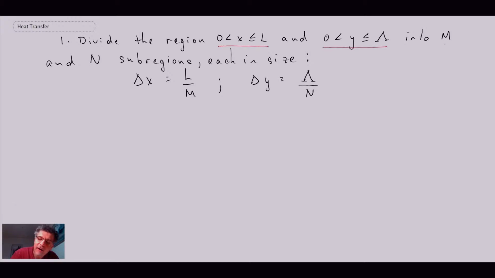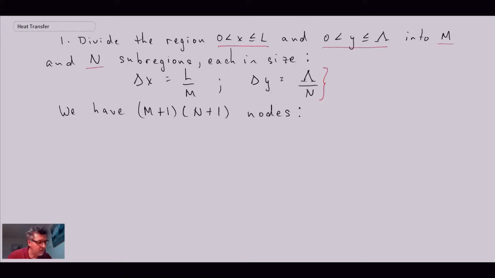And we're going to divide those into m and n subregions. From that, we can determine our grid spacing, delta x, delta y, as shown there. And with that, we are going to have m plus 1 by n plus 1 nodes.